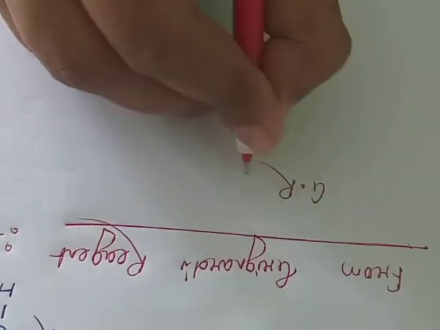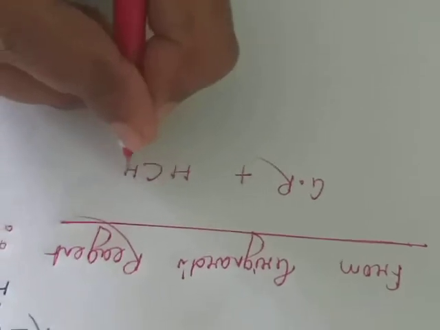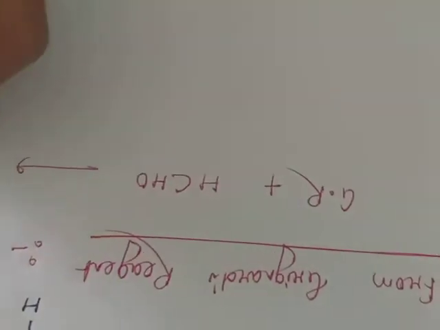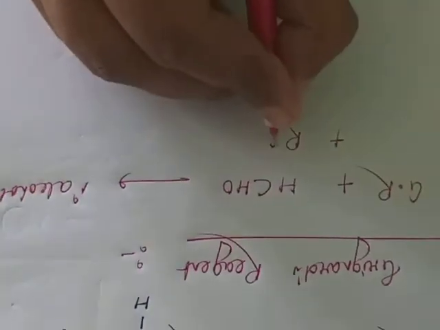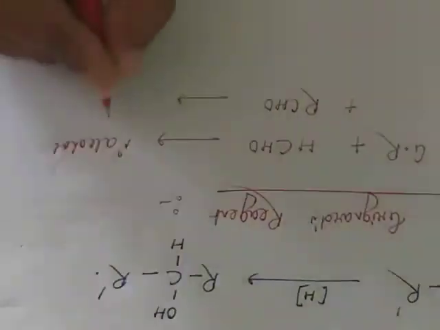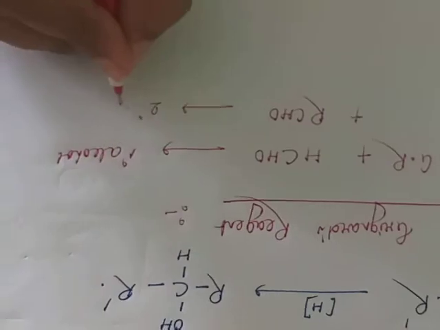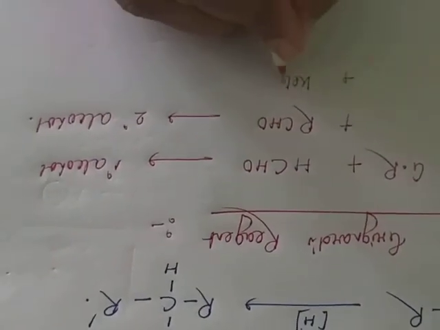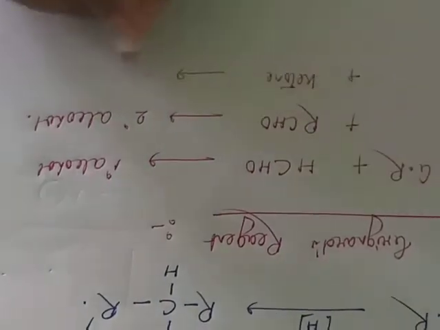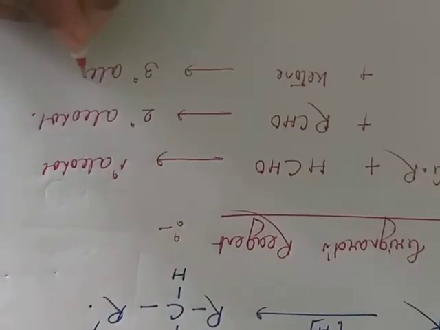When this Grignard's reagent is treated with formaldehyde, we will get primary alcohol. With any other aldehyde, that is aldehyde other than formaldehyde, we will get secondary alcohol, and with any of the ketone we will get tertiary alcohol.